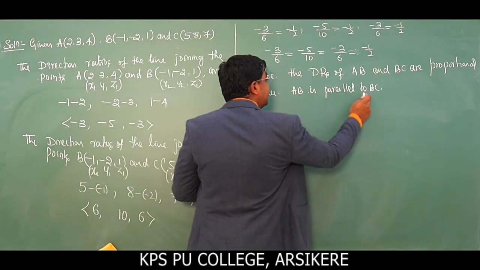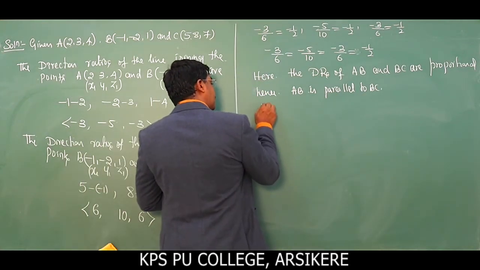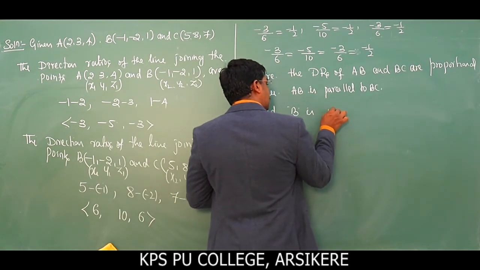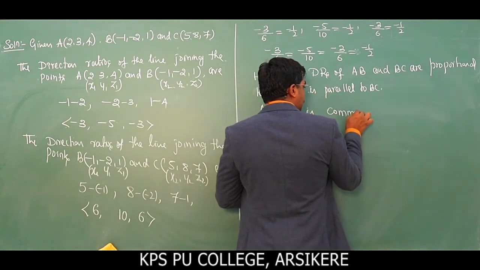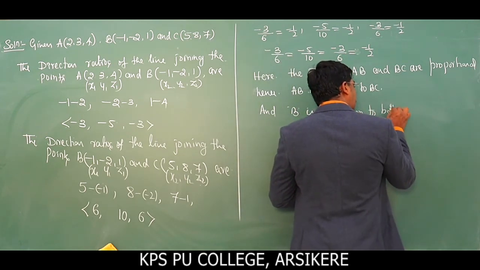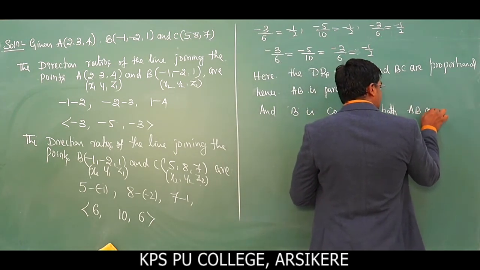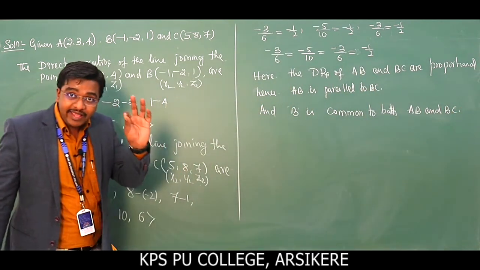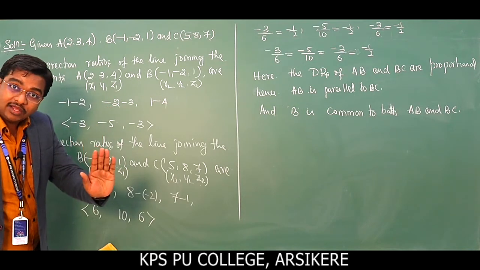Once AB and BC are parallel, and B is common to both AB and BC, hence the points A, B, C are collinear.